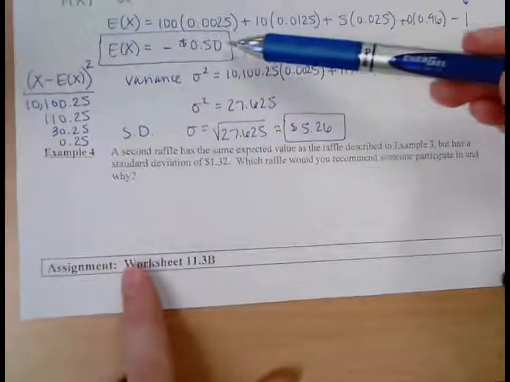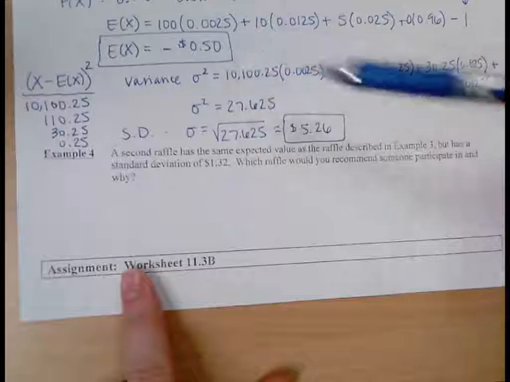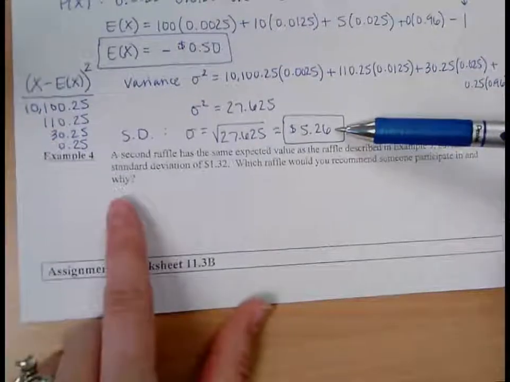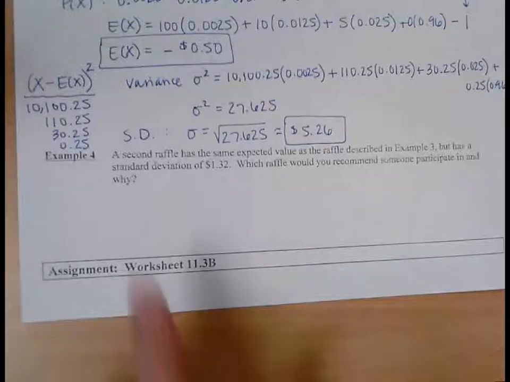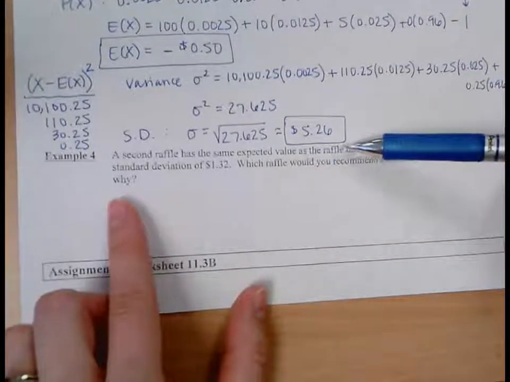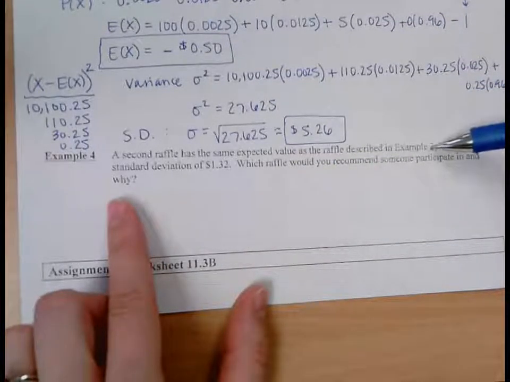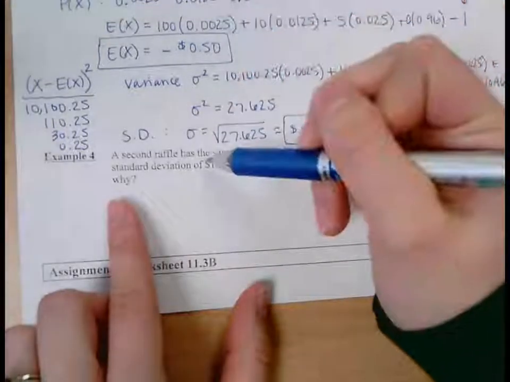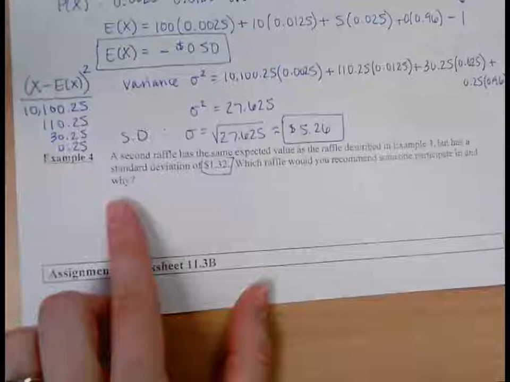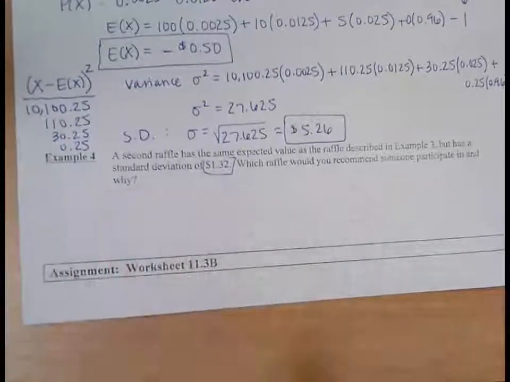So we have the expected value of this raffle with the standard deviation. Example 4 says a second raffle has the same expected value as the raffle described in example 3, but has a standard deviation of $1.32. Which raffle would you recommend someone participate in and why?